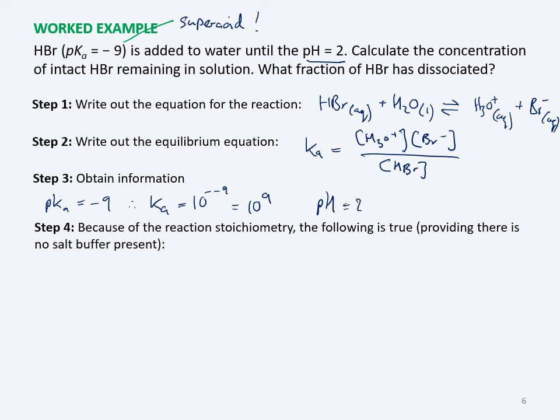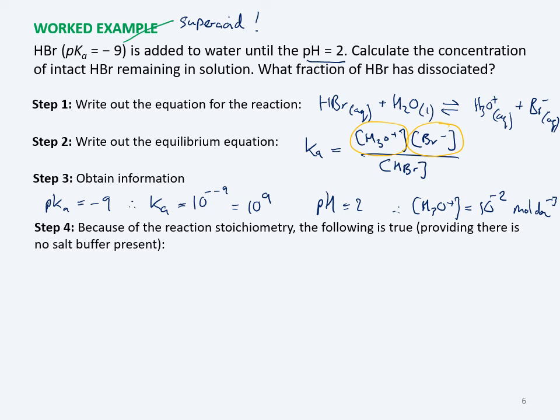pH is equal to 2, and therefore the concentration of H3O+ is equal to 10 to the minus 2, and of course that has a unit because it's a concentration: moles per decimeter cubed. The next thing we have to do is say that the concentration of H3O+ and the concentration of Br- are the same, for the reason that we said already.